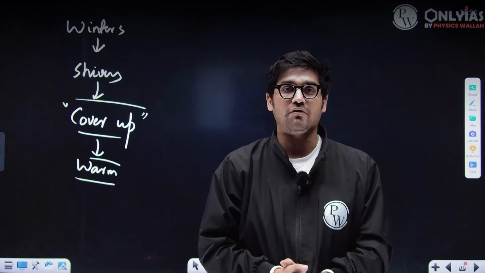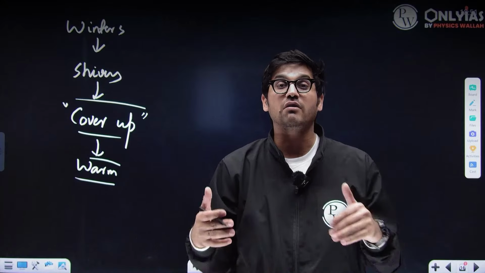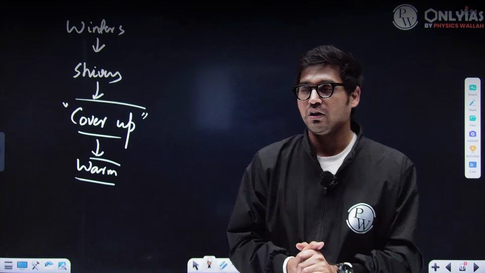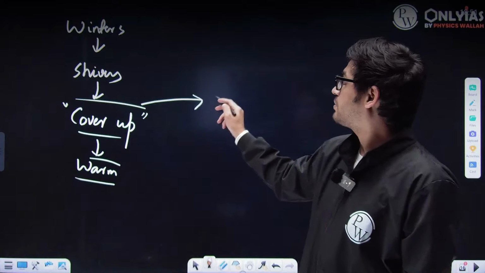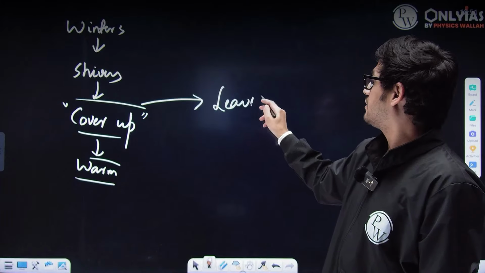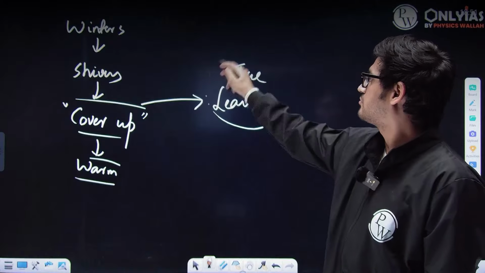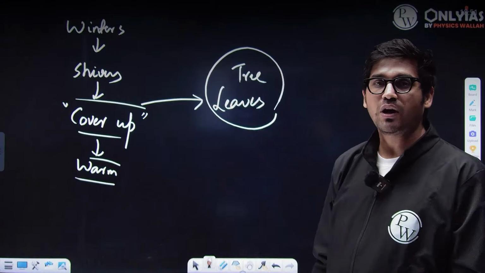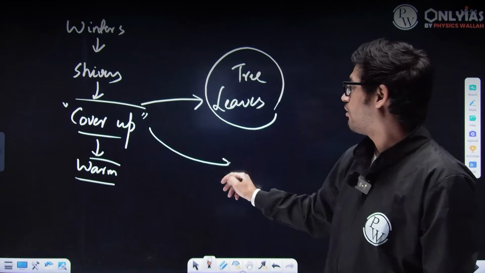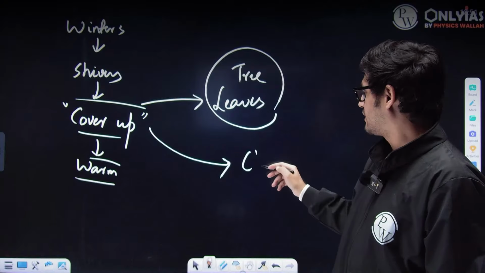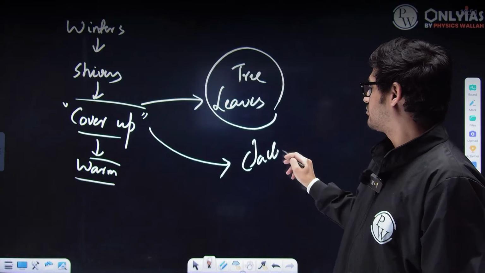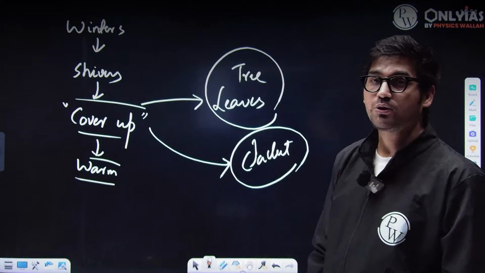You would like to stay warm. You would like to cover yourself up. Now you can cover yourself up with tree leaves. This is one way of covering yourself up. You can also cover yourself up with a jacket. Which one are you going to go for?